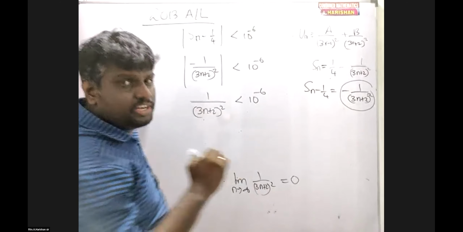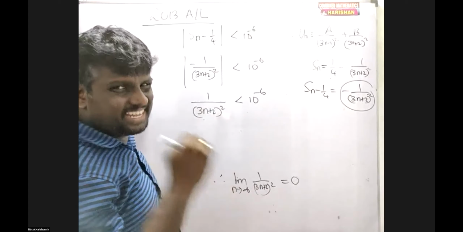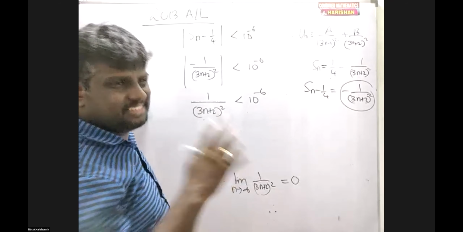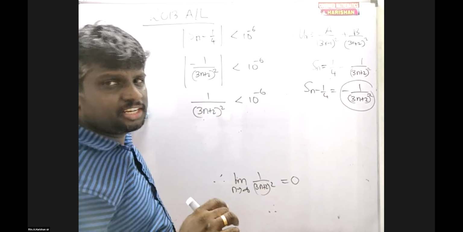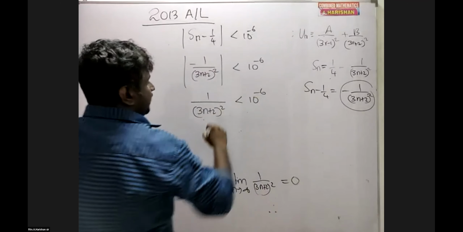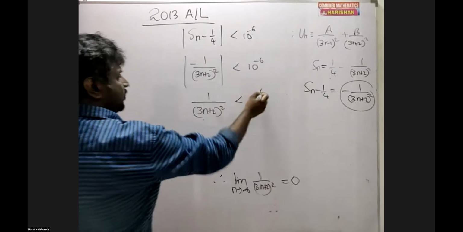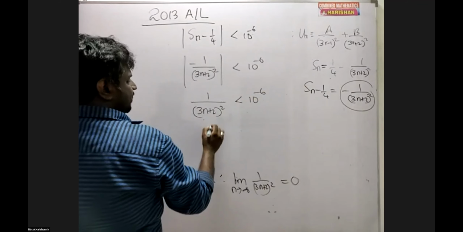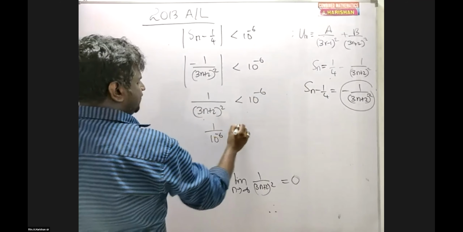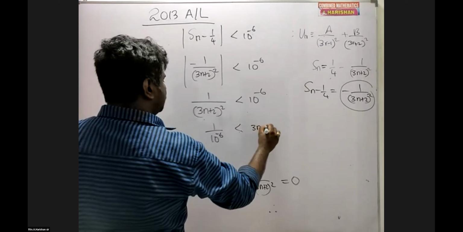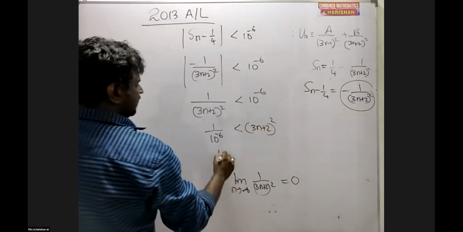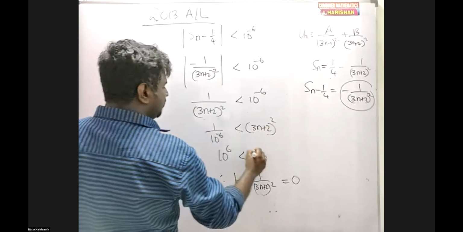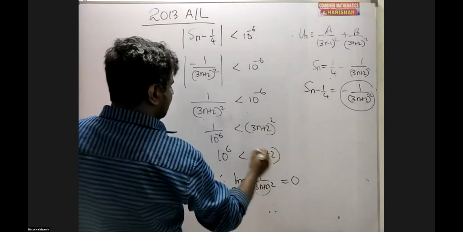But if you know the sign solidly, plus or minus, then you can. You bring this down: 10 to the power 6 is greater than (3n plus 2) squared.